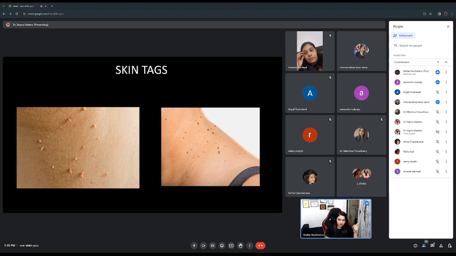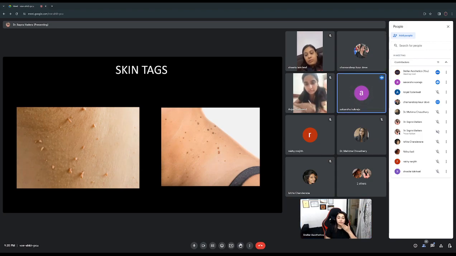It happens on the neck, it happens on the back of the neck, it also happens in the underarm area, in the thigh area. Why are all these areas more common? Due to the fats, or when the skin folds, particularly in that area. Folds and friction from the clothes.